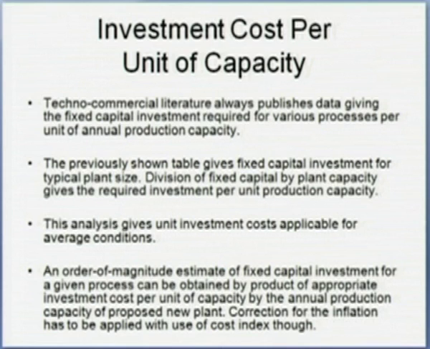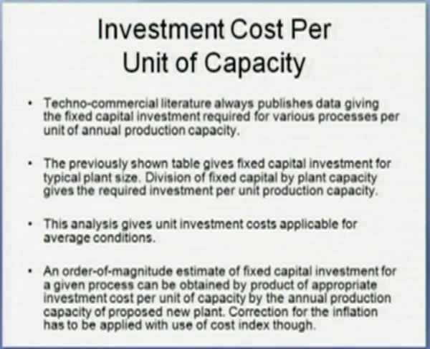An order of magnitude estimate of fixed capital investment for a given process can be obtained by the product of appropriate investment cost per unit of capacity by the annual production capacity of the proposed new plant. The correction for the inflation has to be applied through use of a cost index.